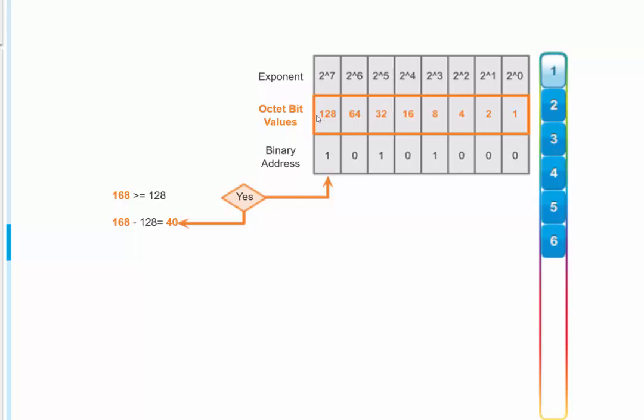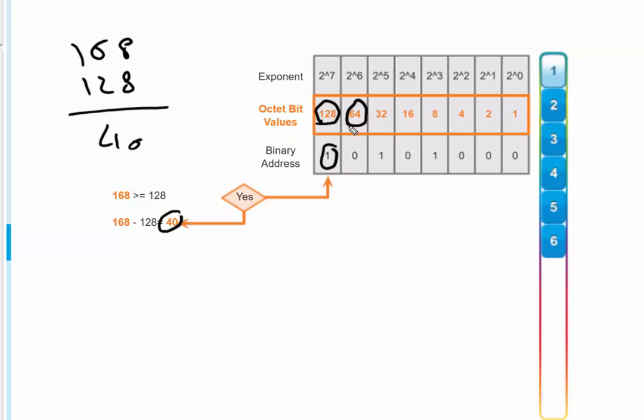So for example, if we have the number 168, 168 is greater than 128, in which case we put a 1 here, and then we subtract 128 from 168. That's 40. Then we take the number 40 and check whether it's greater than 64 or not. The answer is no in that case. Then we put 0 here.